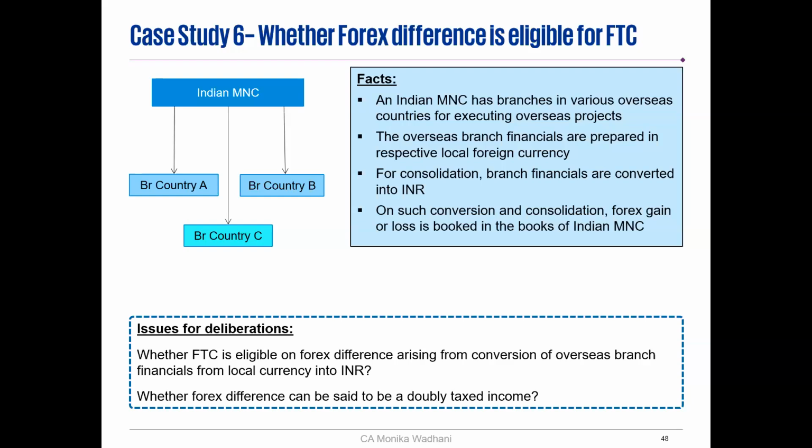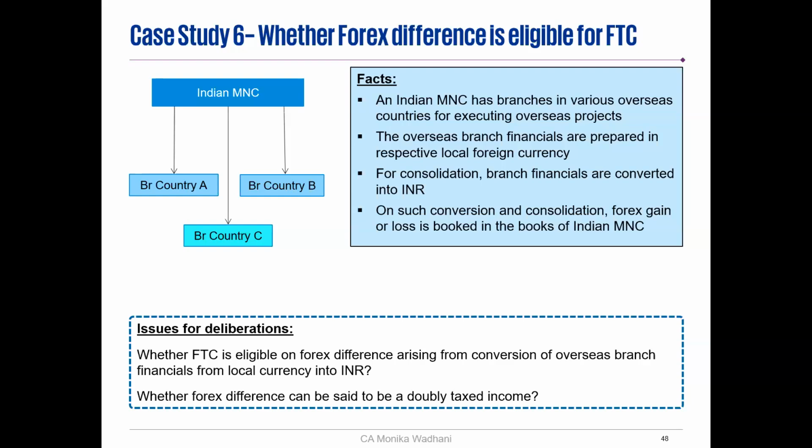That is the question. So when branch books are prepared in foreign currency applicable in the respective jurisdiction, say in the US branch it is prepared in USD, and in some other currency in any other country. Now, when you convert each foreign country's branch accounts into INR, and compute the Forex income or Forex loss as the case may be, what should be the FTC treatment?